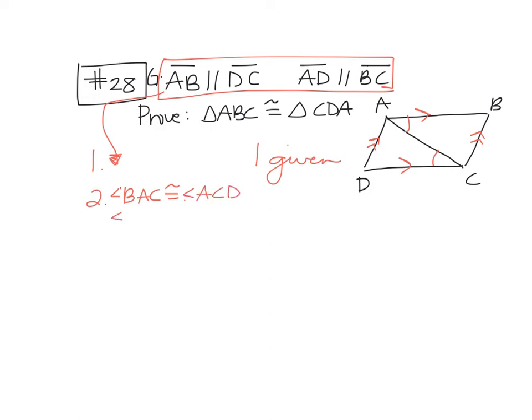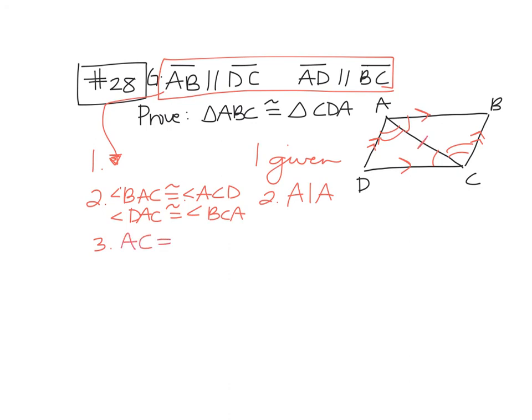And because they have the same reason, I'm just going to keep it on the same step, because we also know these 2 are alternate interiors. So DAC is congruent to BCA. And the reason for both of those is alternate interior angles. The other thing we know in this one is AC is reflexive.